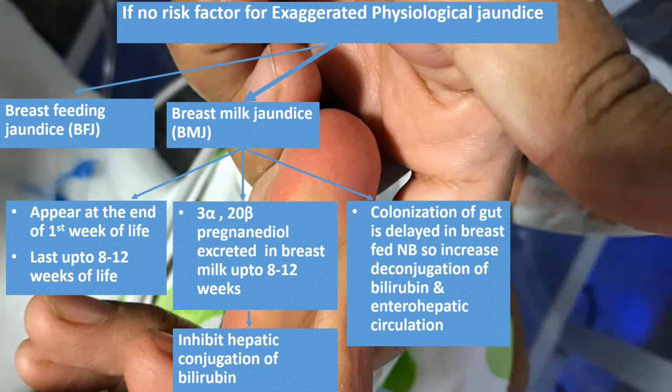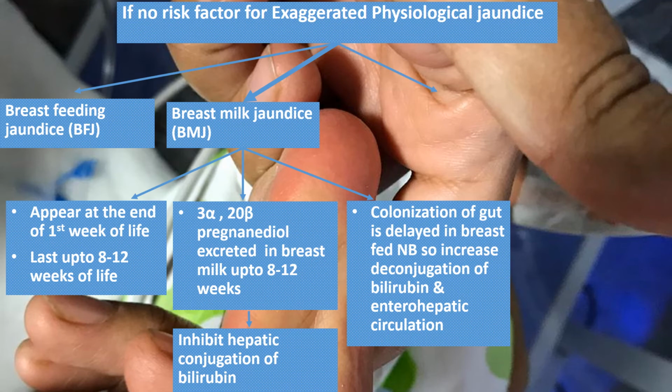Also, colonization of the gut is delayed in breastfed newborns, so there is increased deconjugation of the bilirubin and enterohepatic circulation. Also, free fatty acids in the breast milk inhibit the hepatic conjugation of bilirubin and also cause an increase in enterohepatic circulation. So all these are the causes of breast milk jaundice.